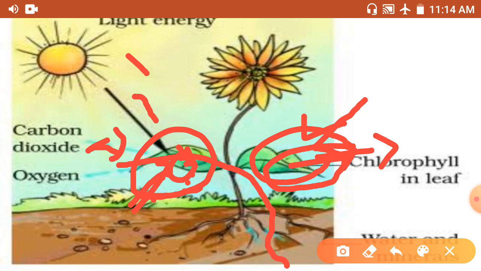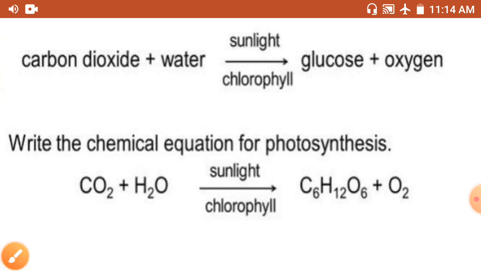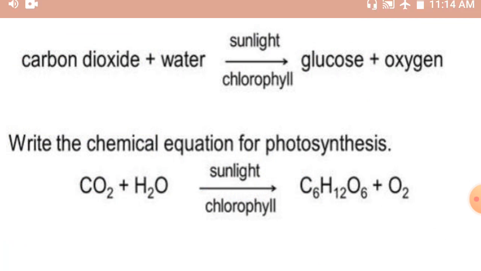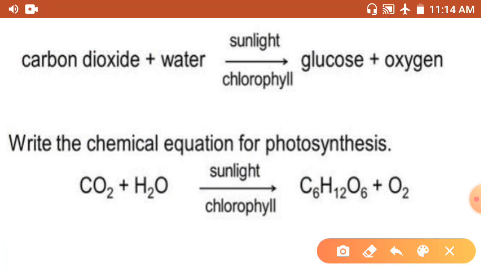The process can be presented as an equation. This is the equation of photosynthesis. Here you can see carbon dioxide and water.